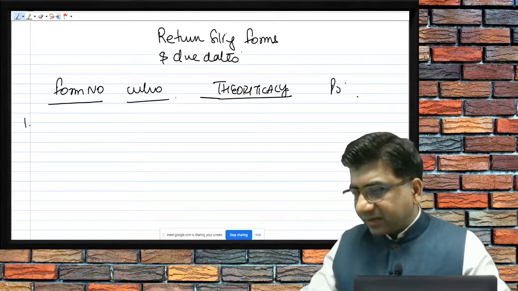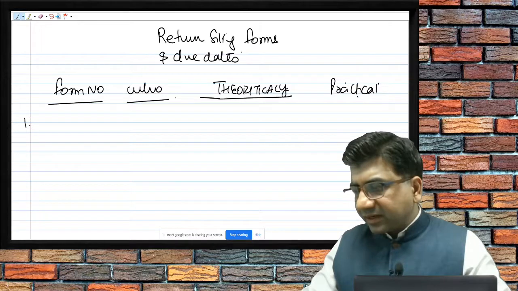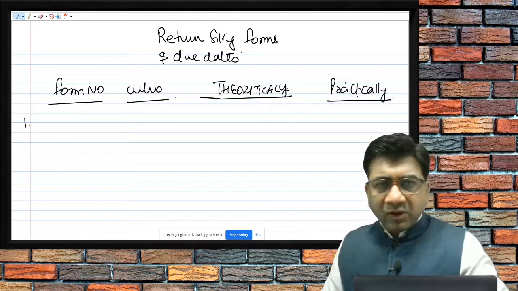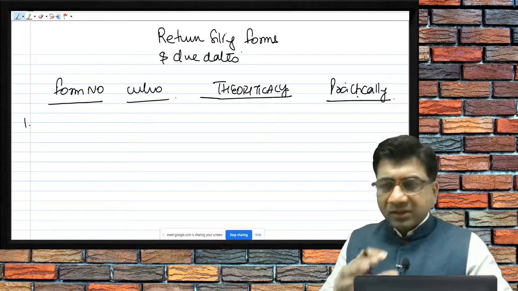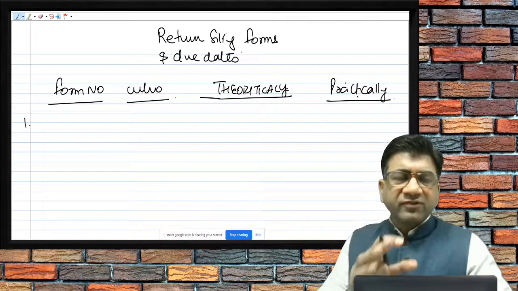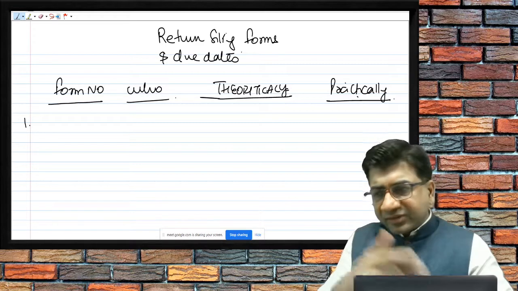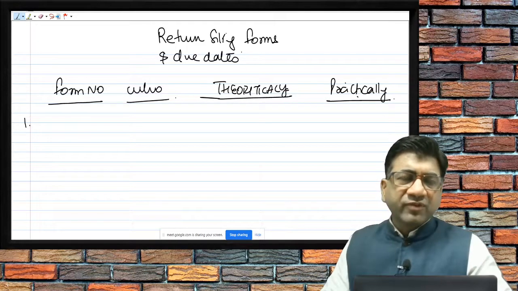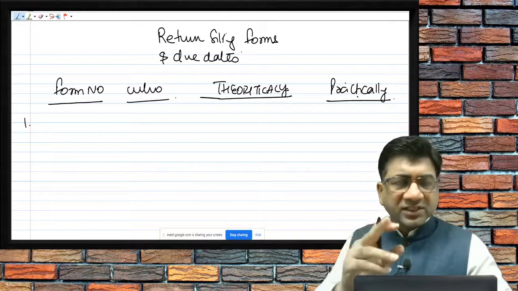Because the forms were really creating a lot of confusion for the people, the government has kept the old form return filing system on hold, and they have started a new form system for the last 2-3 years, because the old forms required 3 returns to be filed monthly, GSTR 1, 2, 3.